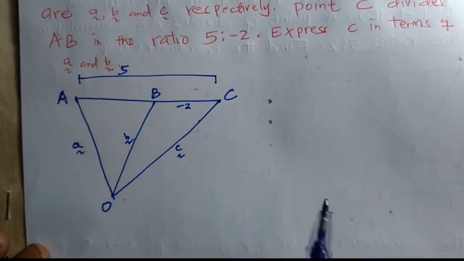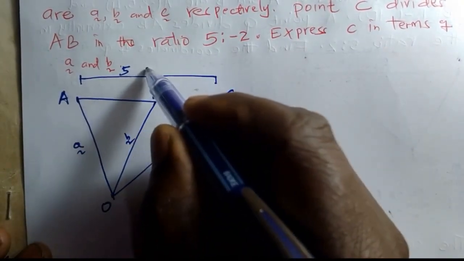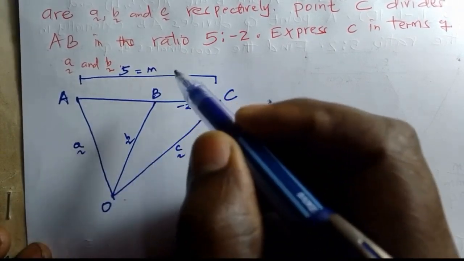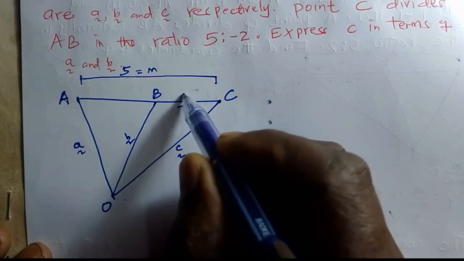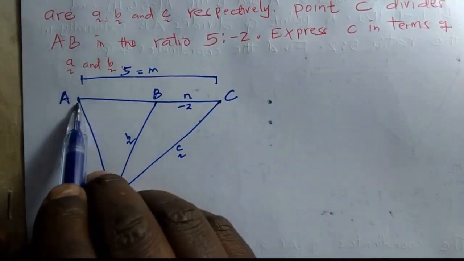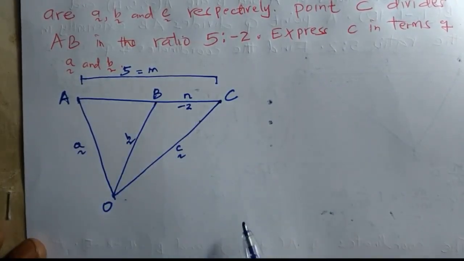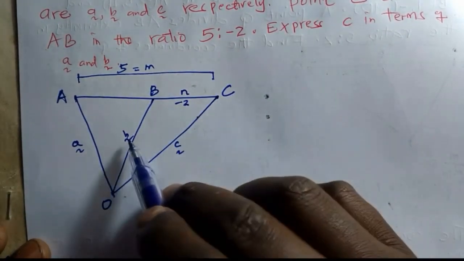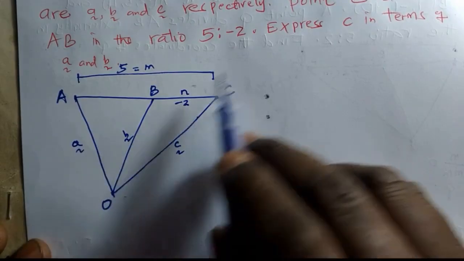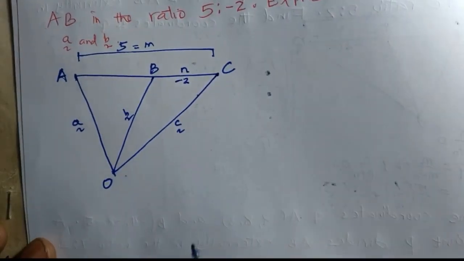So remember the ratio theorem. If I say this one is our M, and this one is going to be my N, because from here up to here is M, from here up to here is N. So if I want OC in terms of B and A, it is simple. You use this ratio theorem.